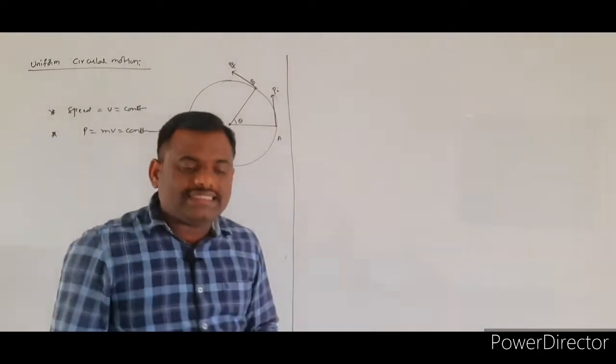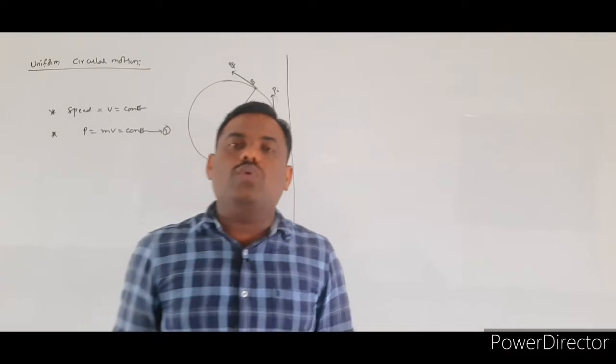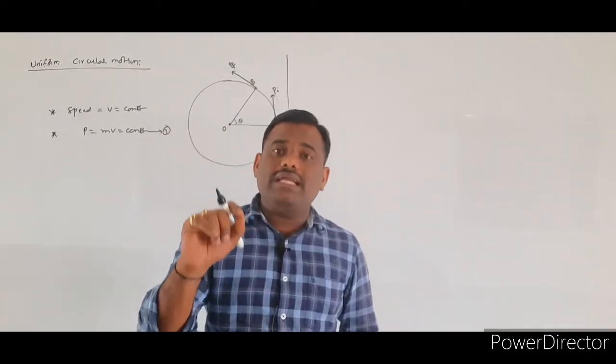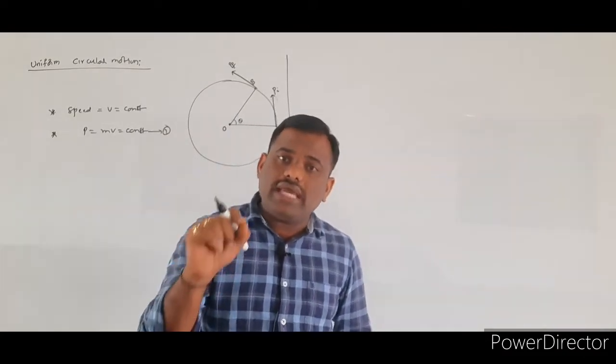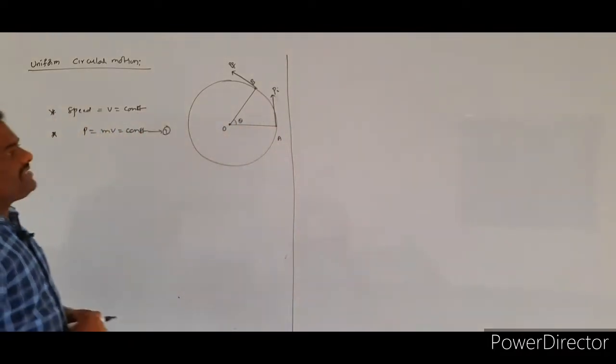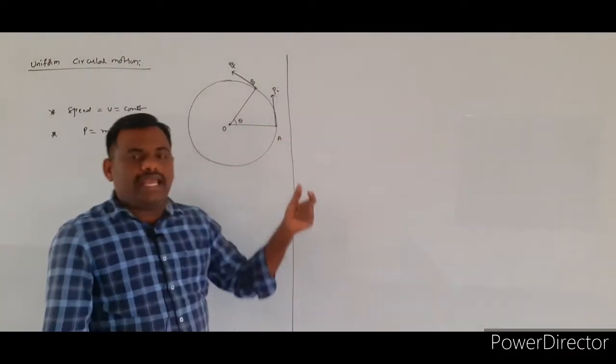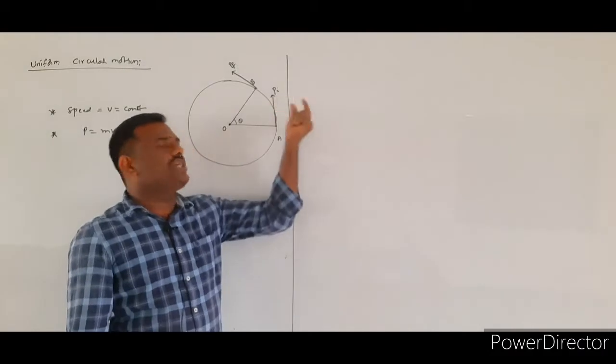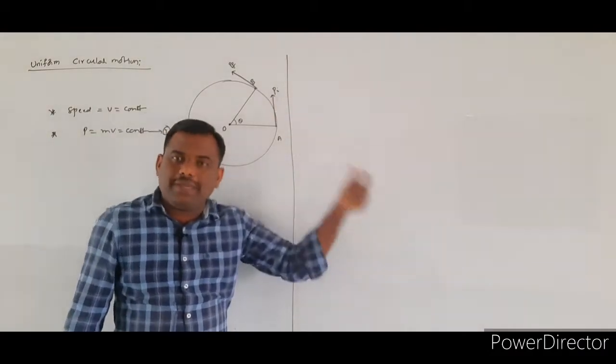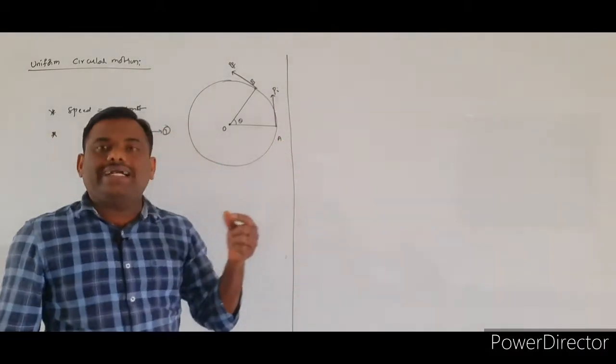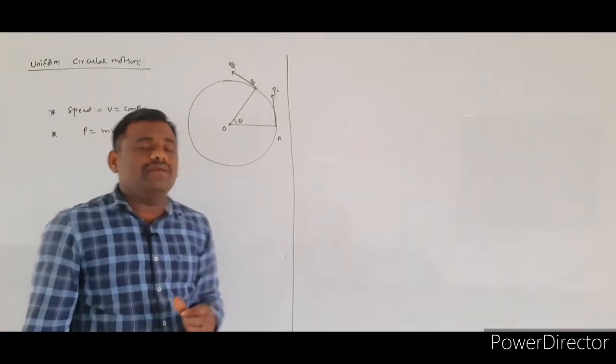But when you discuss momentum as a vector quantity, the momentum vector changes with respect to the direction. So here we are assuming that at the point A, the particle has the initial momentum value. At the point B, the particle has the final momentum value.